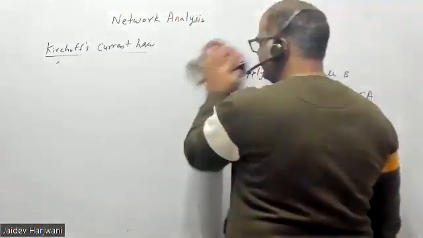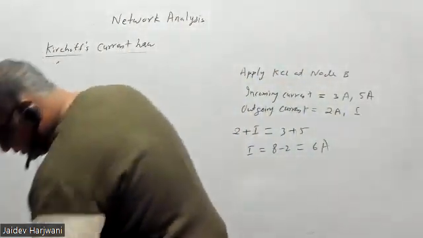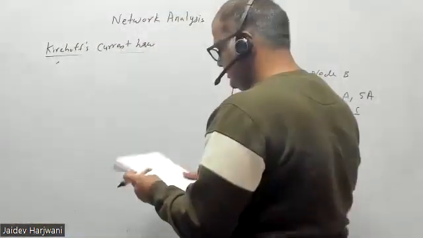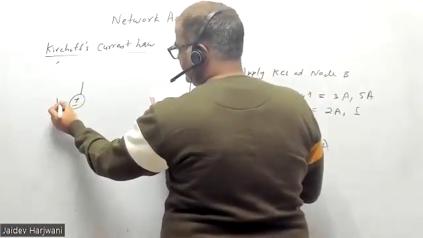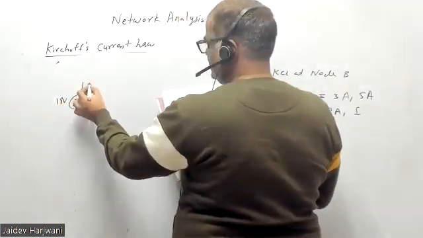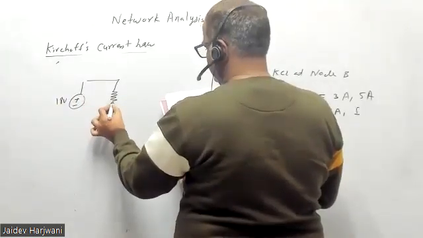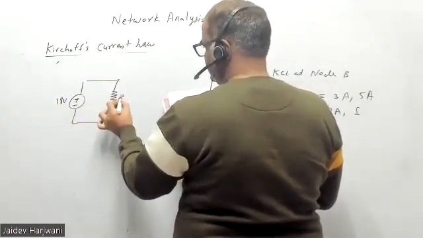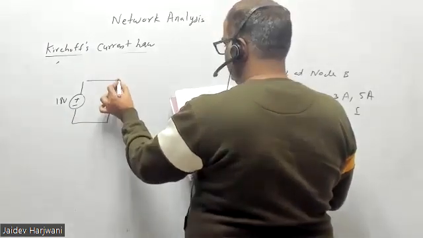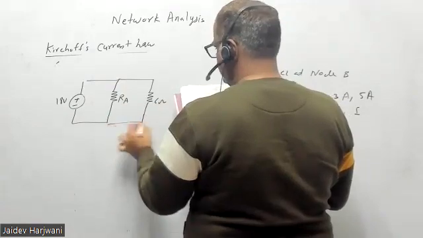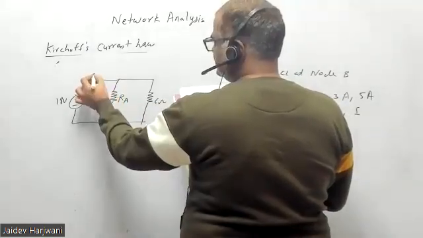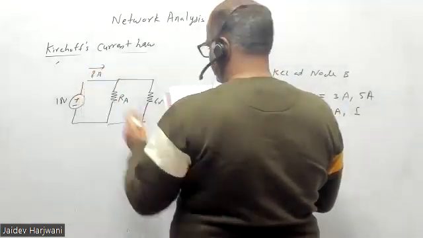So first we are doing simpler circuits, okay, so that the basic laws are clear. Say you have this plus minus 18 volt, then you have a resistance RA, then you have a resistance 6 ohm. Say this current is 8 ampere given in the question.